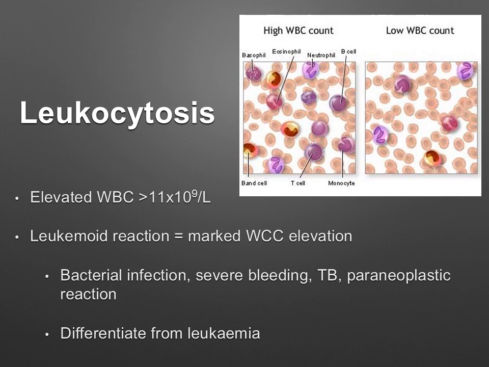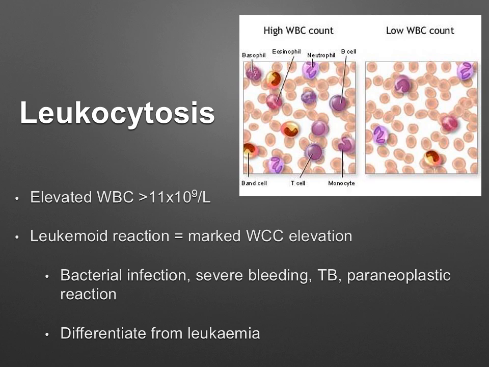It's important that if you do see these raised white cell counts, you differentiate it from leukemia. In a leukemoid reaction, the leukocytes are predominantly more mature cells, neutrophils typically have reactive changes, and there may be a reactive thrombocytosis.